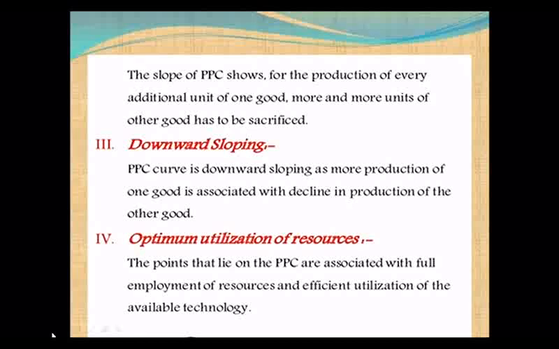Either we can use all the resources in the production of one good, or we can use all the resources in the production of other good, or we can use in the production of both the goods, due to which PPC is downward sloping curve. Next property is optimum utilization of resources.